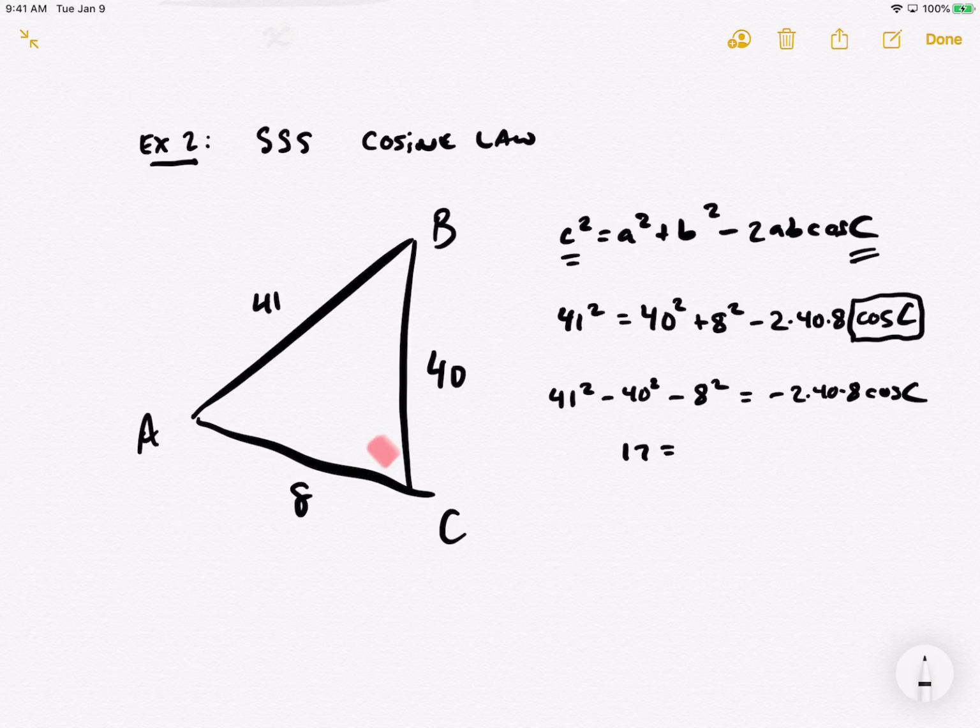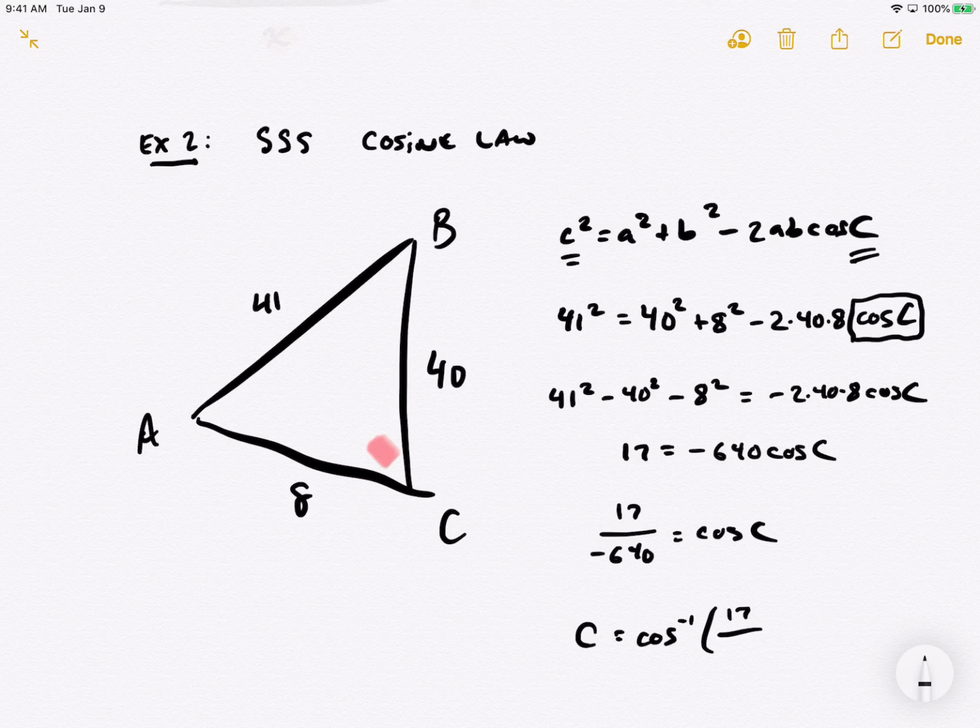So that would be 17 equals, and this would be negative 640 times the cosine of C. And then 17 over negative 640 would equal cosine of C. So C would equal cosine inverse, we'd have to use here, of course, because we're solving for an angle, of 17 over negative 640. And again, making sure you're in degree mode there. You get that C is equal to 91.5 degrees.